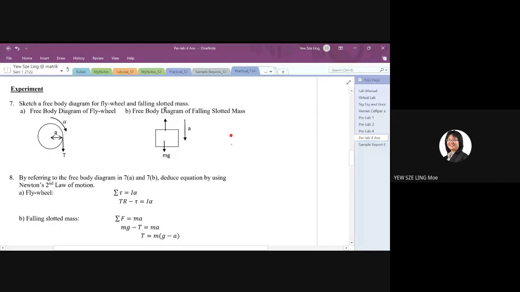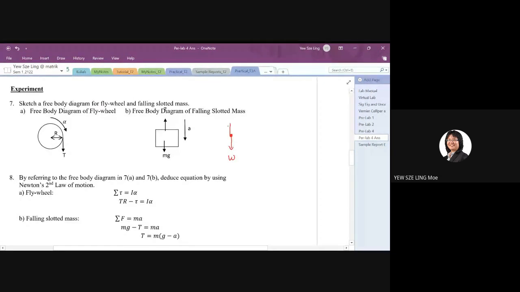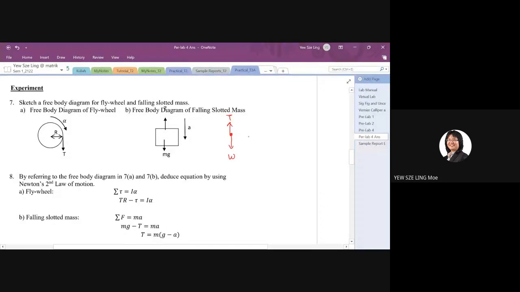The object comes with weight. You have a W going down, and then it's being hung by a string, so you have a tension. The acceleration is going down. That is a correct free body diagram. This is wrong. So for the flywheel, you can just copy it down, and for the slotted mass, you use the one that I showed you.